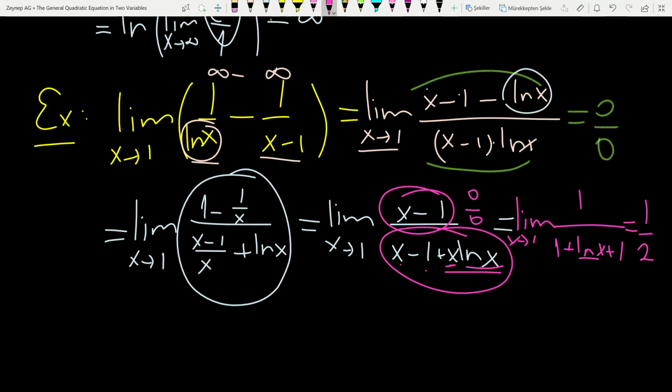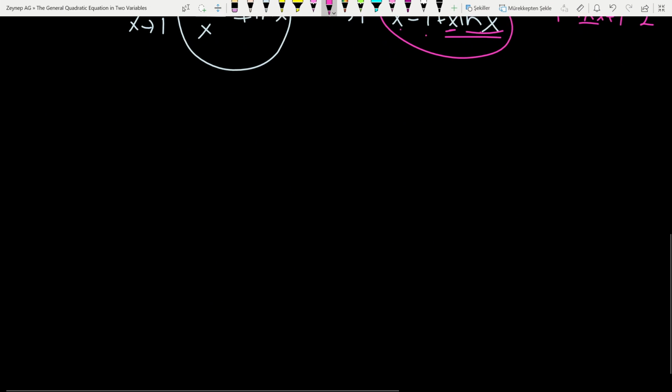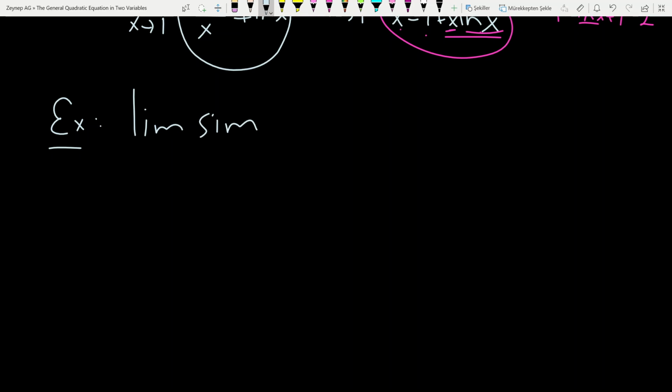I have a final example for this type of limit questions. The question is limit of the multiplication of sine x and ln x, x tends to 0 from right.